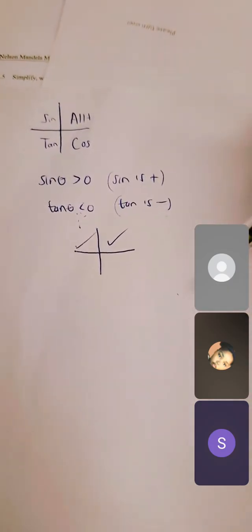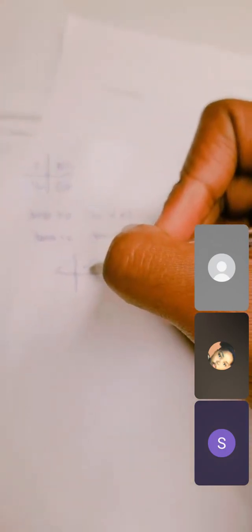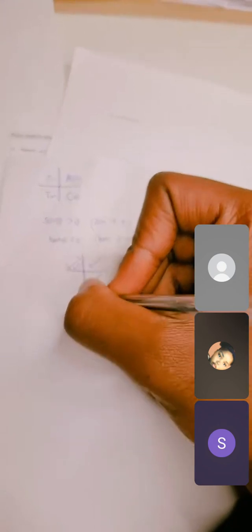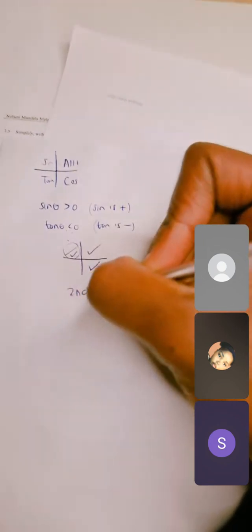We're saying where is tan negative? In the first one, tan is positive as well. Negative in the second and the fourth. You see? So where are we overlapping? In the second one. So that's why we would say the answer is second quadrant.